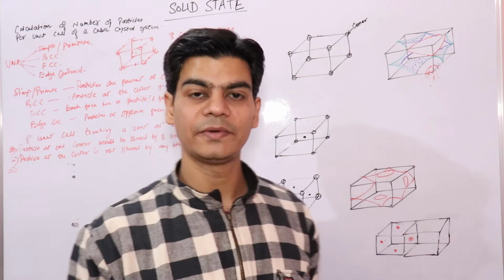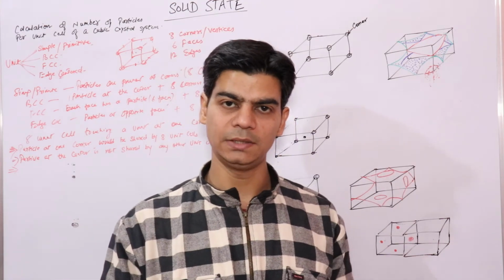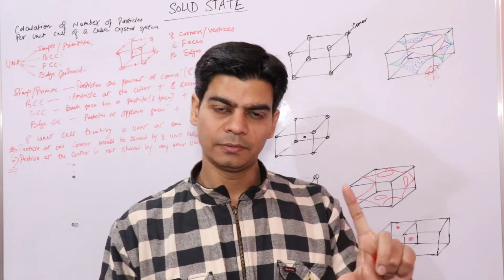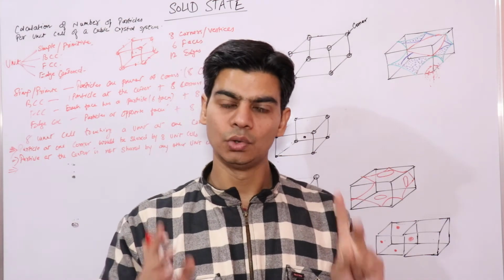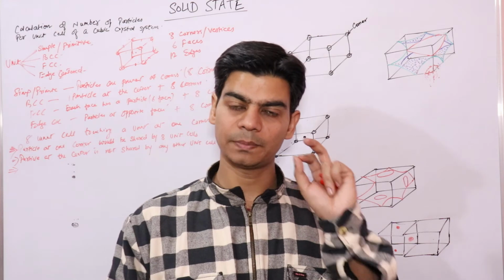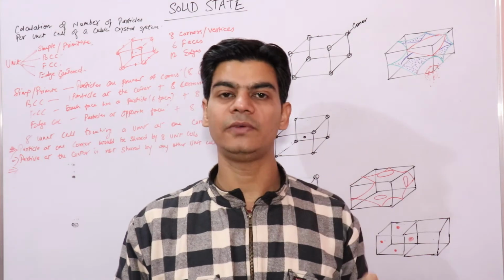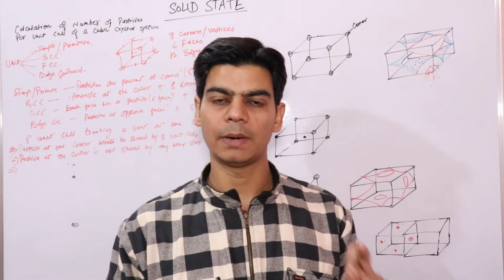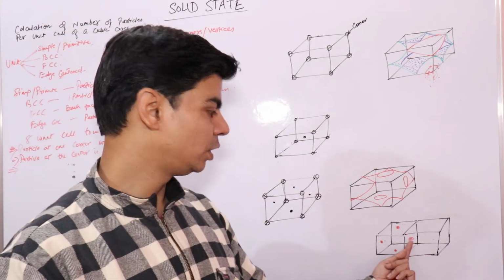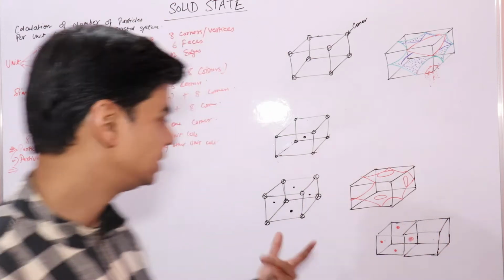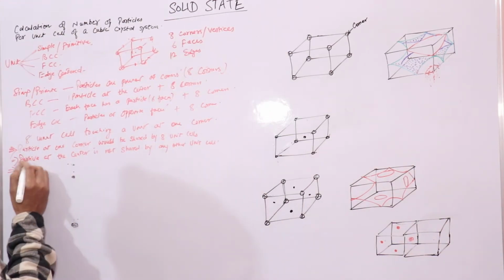So among all the 6 faces of the unit cell, each face would be touched by 2 unit cells. So each particle present at every face of the unit cell would be shared by 2 unit cells. So this particle would be shared by 2 unit cells, and the same is for all the particles at the faces.